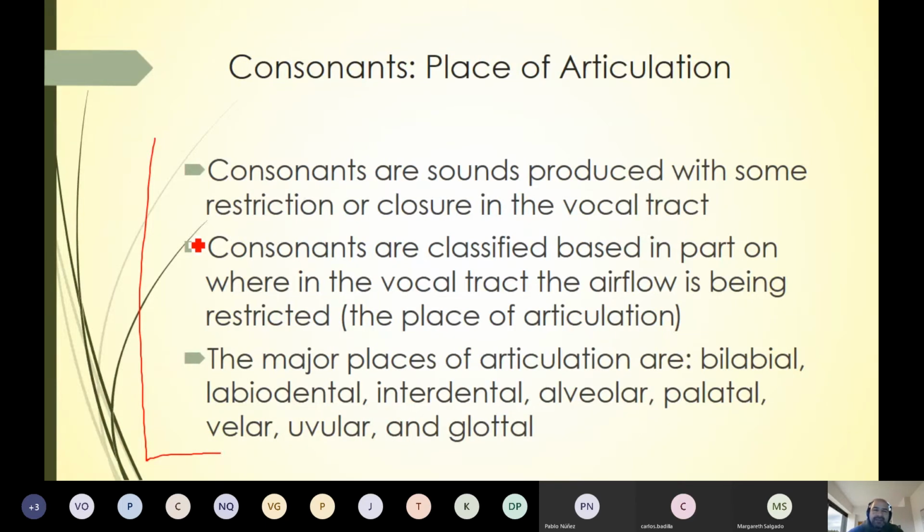It gets a little bit more simple when we describe consonant sounds because we just use 3 criteria: manner of articulation, place of articulation, and voicing.